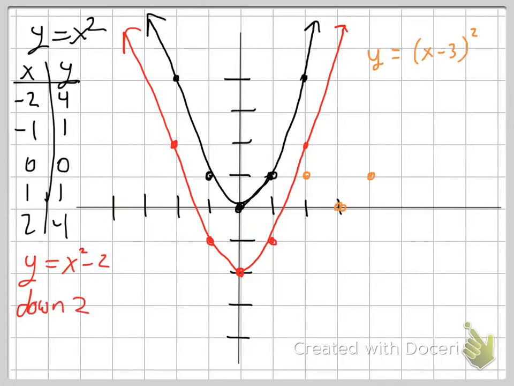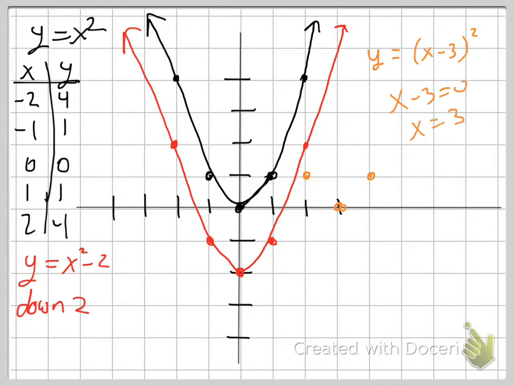I'm going to do another one here. We're going to look at y equals x minus 3, quantity squared. When we're doing vertical up and down, it's pretty straightforward. It's just the sign of what we're adding or subtracting. Since this was negative 2, we just shifted it down. When it's grouped in with the x, it's going to do the opposite. So when x minus 3 equals 0, that's when x is equal to 3.